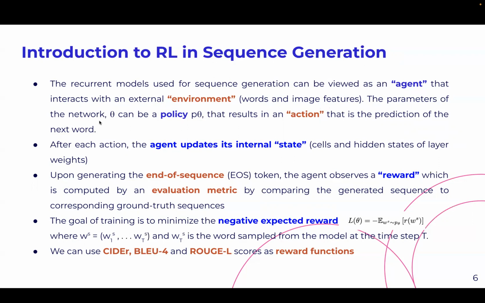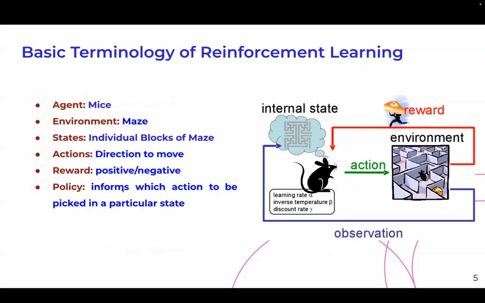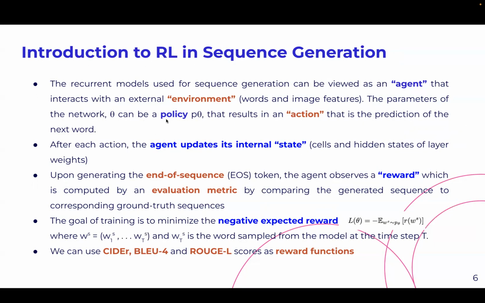The parameters of the network can be the policy. Since I mentioned that policy maps which action you need to take in a particular state, that is the LSTM parameters itself, the weights, activations, all those things, which we are supposed to learn.